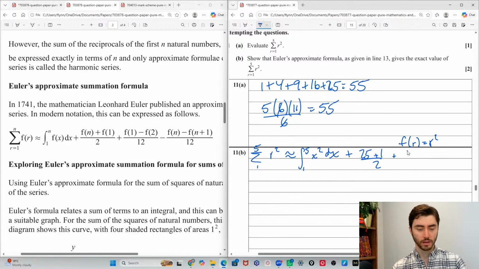plus 1 minus 4 over 12, minus 5 minus, now f of 5 is 25, minus f of 6, which is 36, all over 12.